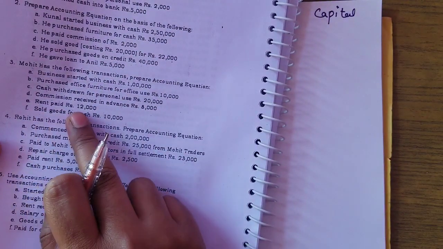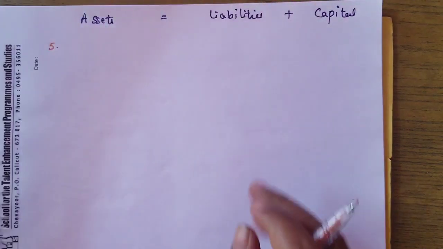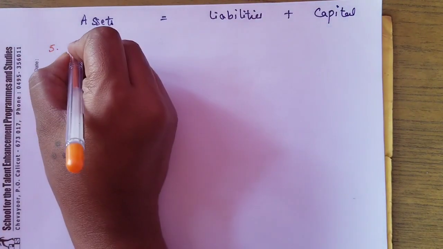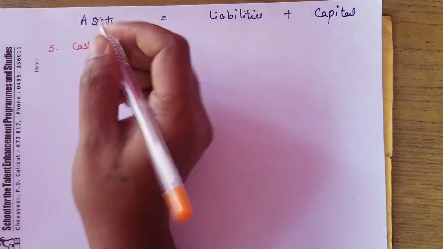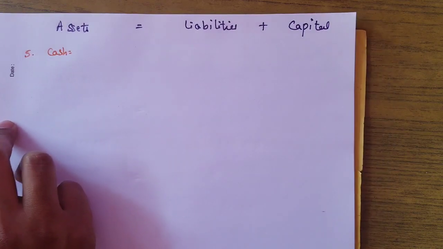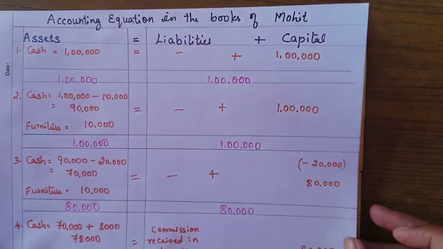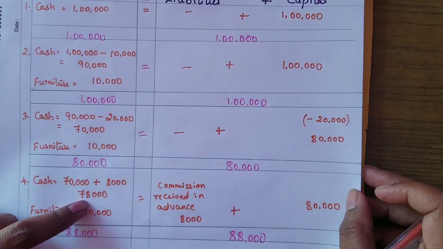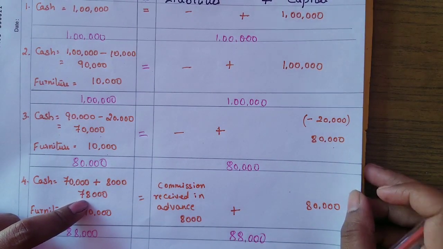Fifth transaction is all about paid rent rupees 12,000. So first we have to take the cash balance, because when you pay, obviously you are paying through cash, so cash will be affected. Is it right? So the cash balance in the previous transaction, remaining balance, is 78,000.